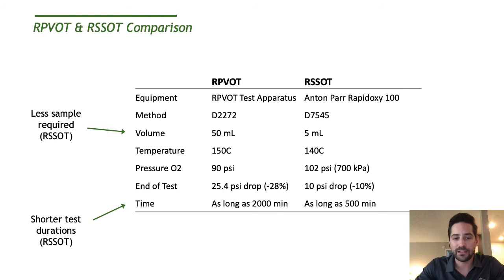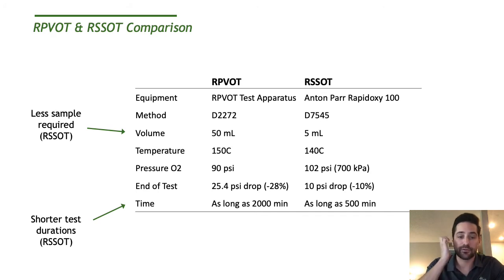For RPVOT, end of test is when the oxygen pressure inside the vessel has dropped by 25.4 psi. Now that's about a 28% drop in pressure. For RSSOT, the end of the test is defined when there's a 10 psi drop, which is about a 10% change in pressure inside the unit.